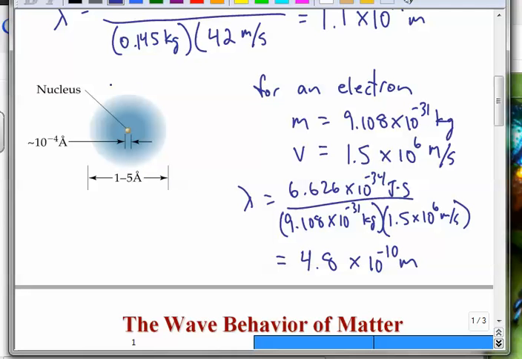So the size of an atom is right around the magnitude of the wavelength of this electron. That is to say, this wavelength is much, much larger, by many orders of magnitude, than the size of an electron. So when we want to consider the properties of an electron, we really need to take into account these wave-like properties.